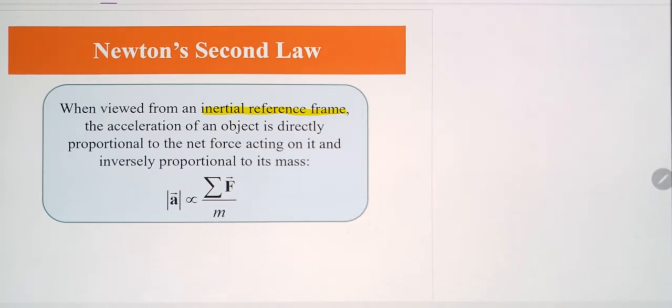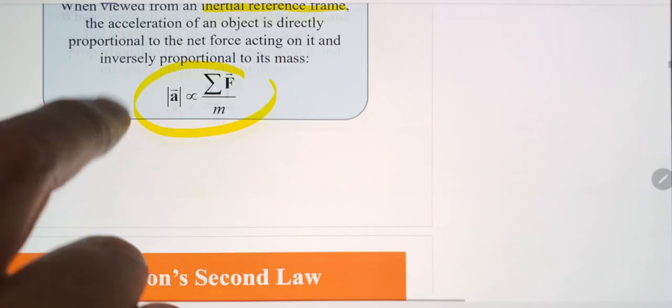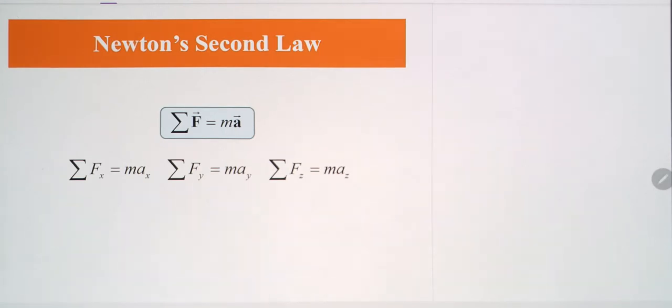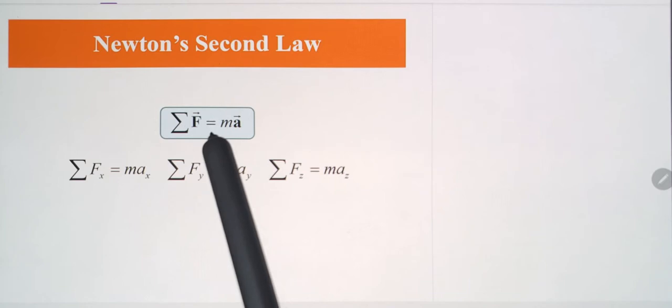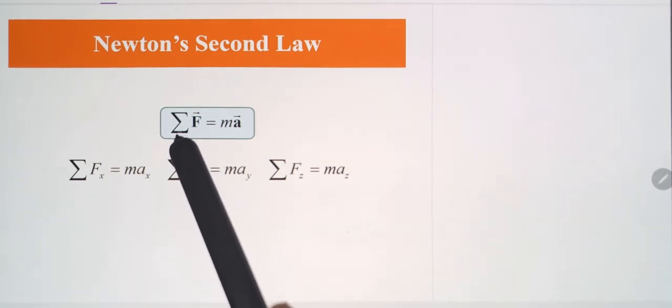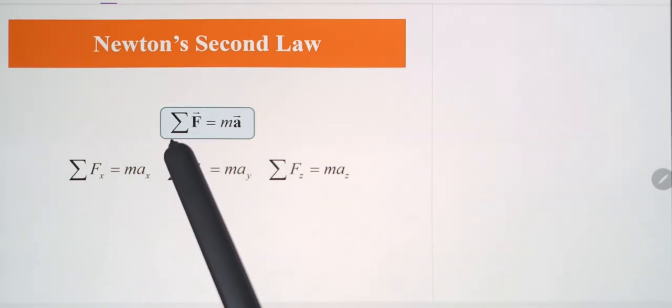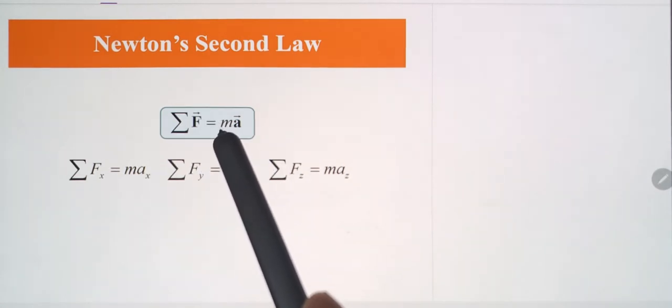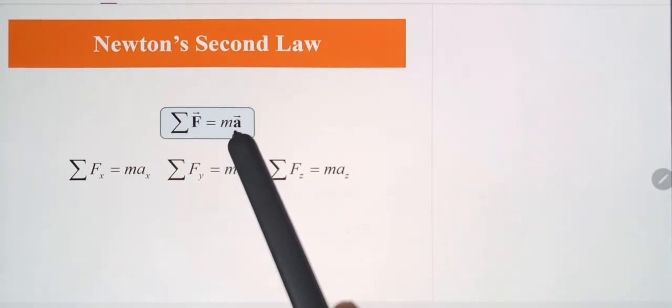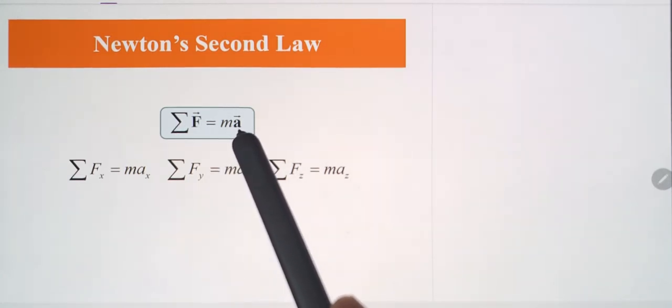Then you can apply Newton's second law in this form: the summation of forces, as a summation of vectors, is equal to the mass, and not the weight, multiplied by the acceleration.